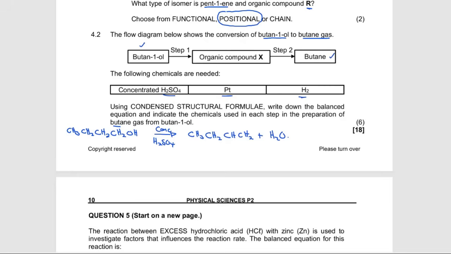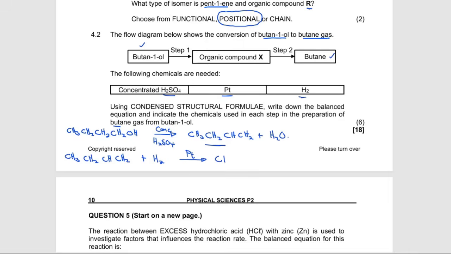Then proceeding to the second step, I'm going to say again CH3, CH2, CH=CH2. So you can see we're using this product. Then I'm going to add our hydrogen, H2, and a catalyst, Pt, is going to be used.